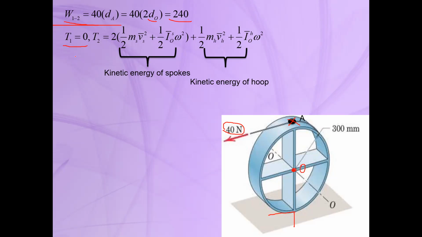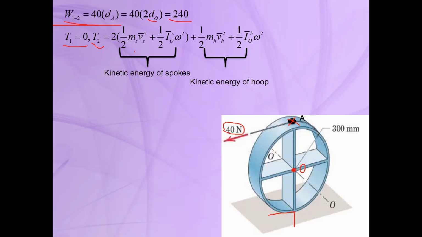The final kinetic energy, or T sub 2, is equal to the kinetic energy of the spokes and the kinetic energy of the hoop. So for the spokes, both of them are rigid bodies, so both of them will have 2 portions in the kinetic energy, one due to the rotation and the other due to the translational motion.